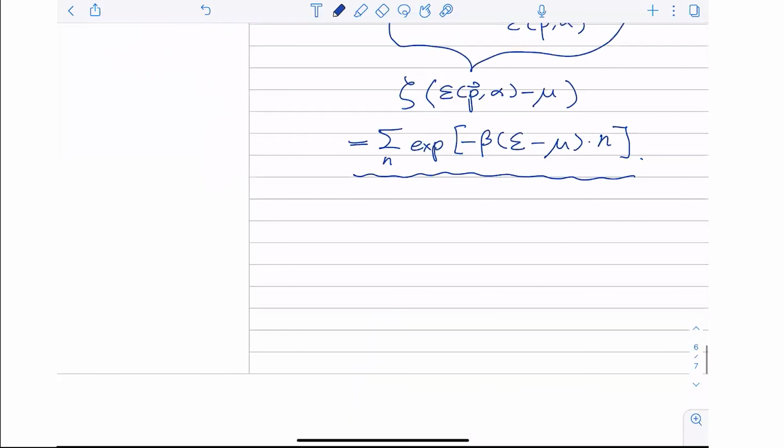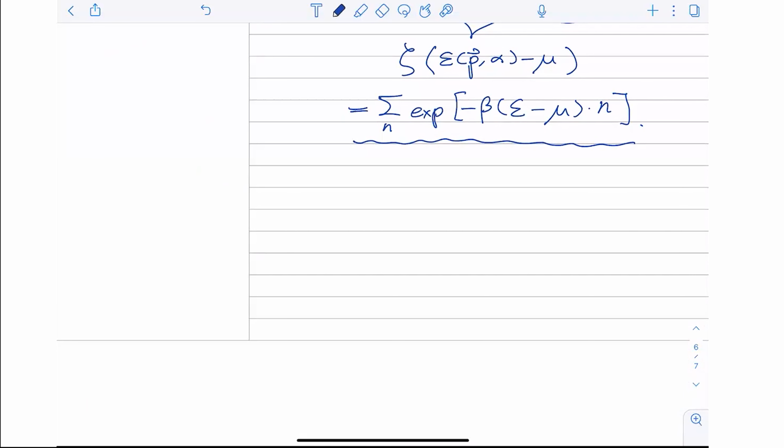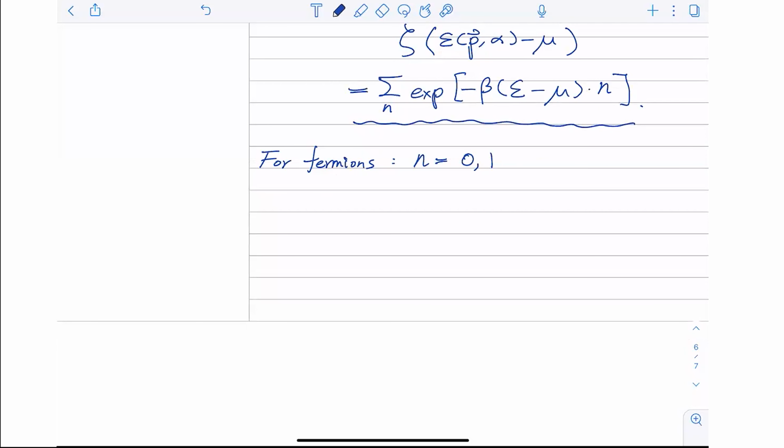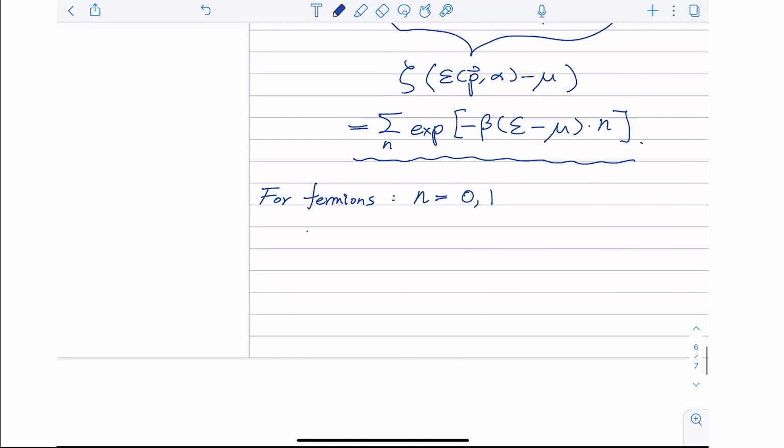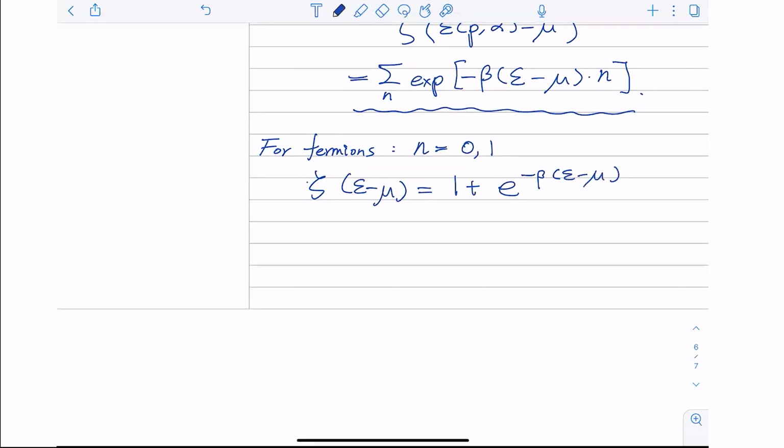And for a single particle problem, this partition function can be evaluated easily, because for fermions, the occupation number n can only be 0 or 1 for this single particle system. So this summation reduced to, let me try to express it. And this is for fermion.